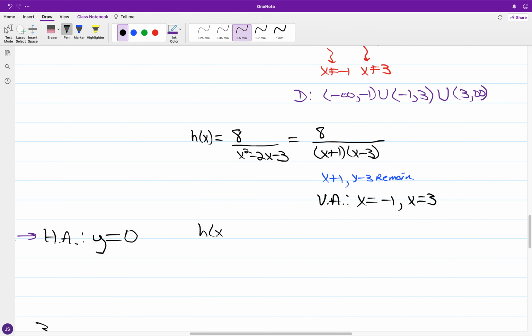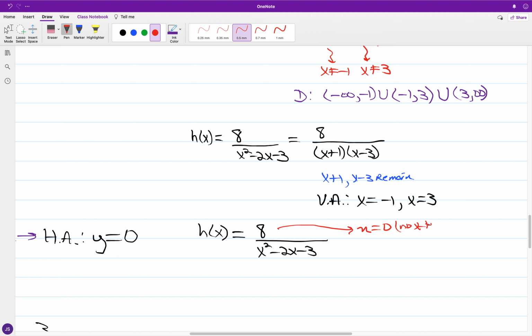And in terms of, let's say, just looking for any other asymptote, okay, if you notice, you have in the numerator just the number 8, so n is equal to 0 since there is no x term.